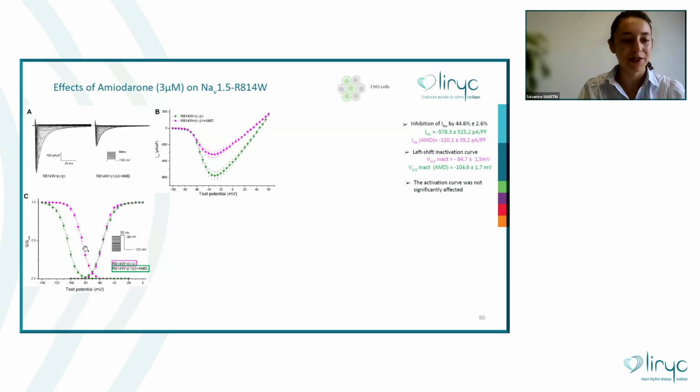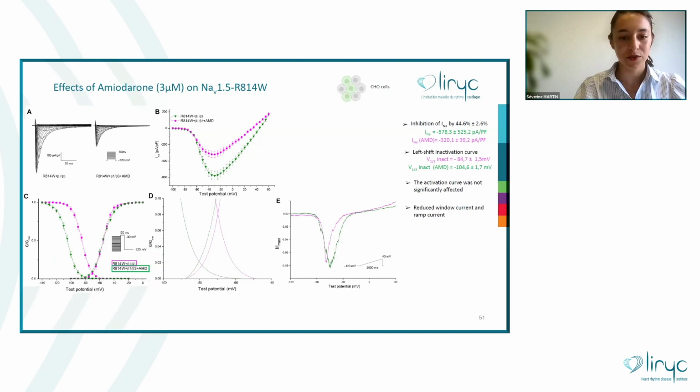I must clarify that there is a mistake between colors. Here, the current density in the presence of amiodarone is in green. As you can see, there is a left shift of the inactivation curve toward hyperpolarized potentials, and that led to the reduction of the window currents, represented here in green, and the ramp currents, be careful, represented here in pink.